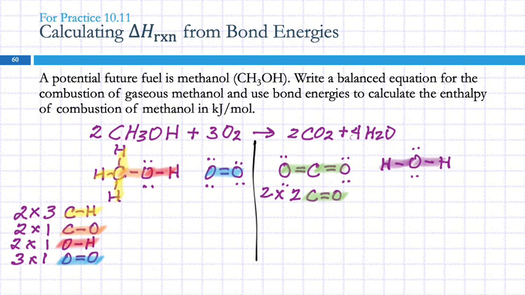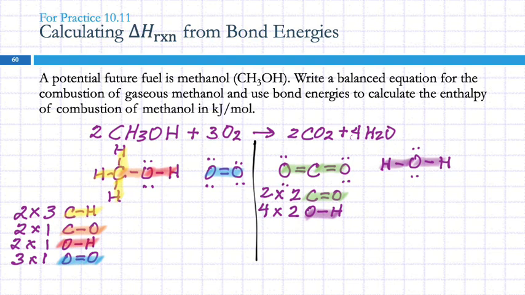So I've got oxygen-hydrogen bonds. And how many are in 1 of these molecules? 2. And how many of the molecules do we have? 4. I have 4 water molecules, so that means I'm going to have a total of 8 of those bonds that are going to get formed.